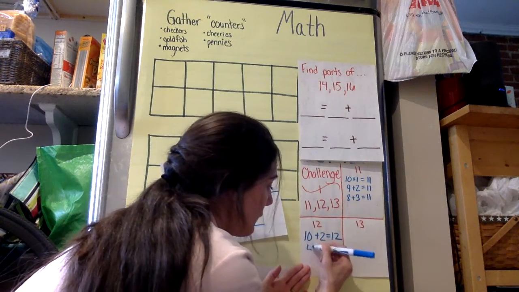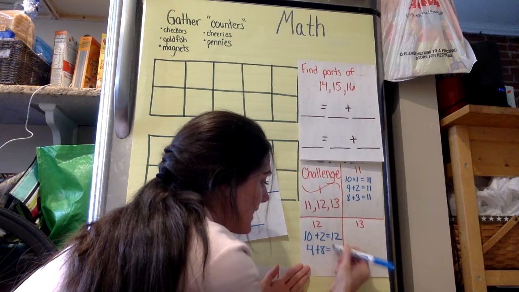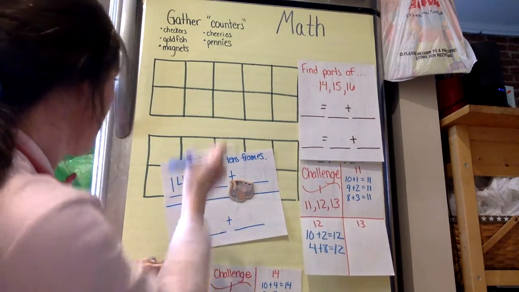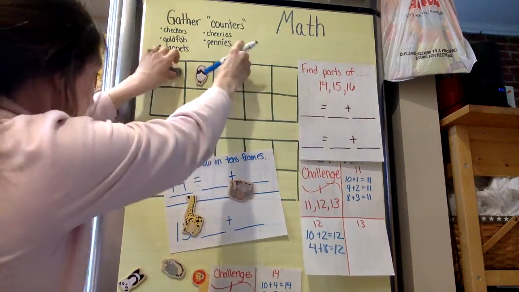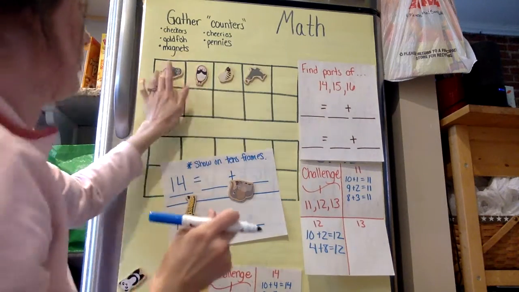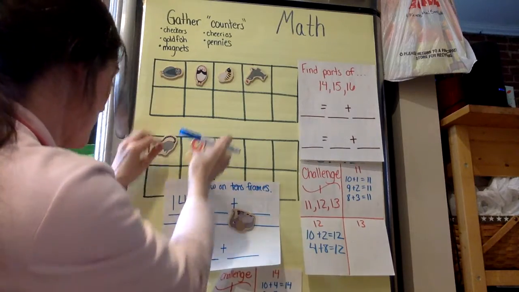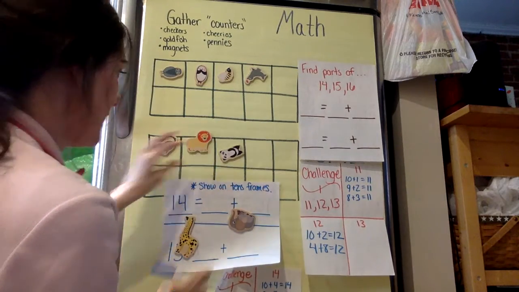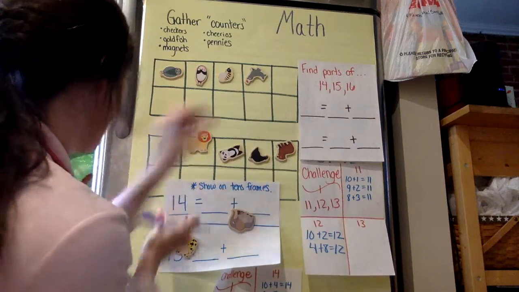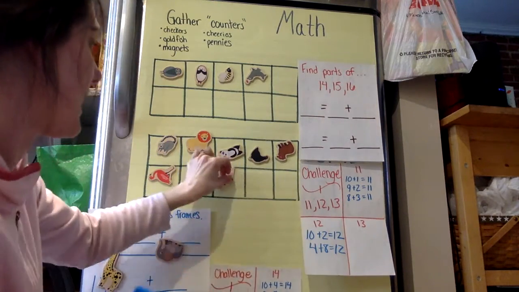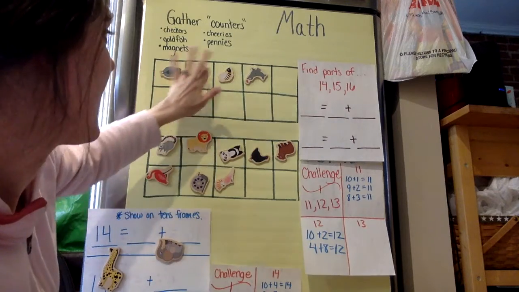She also wrote 4 plus 8 equals 12. So if I had 4 here, 1, 2, 3, 4, and then I showed 1, 2, 3, 4, 5, 6, 7, 8. So I have 8, 9, 10, 11, 12.